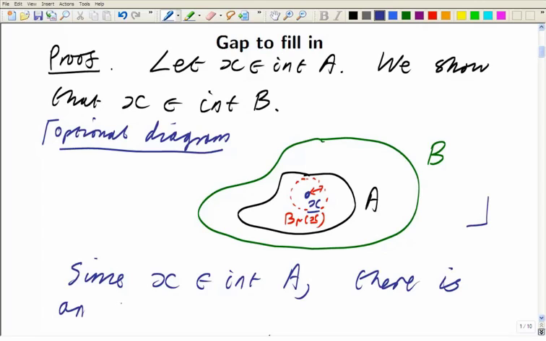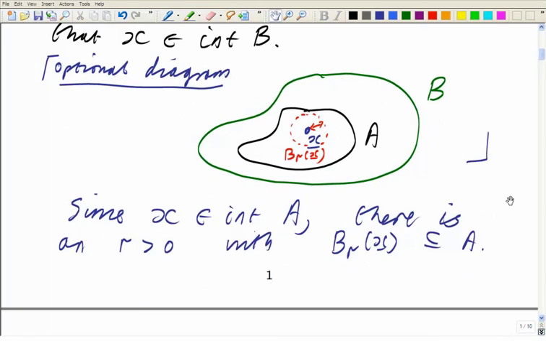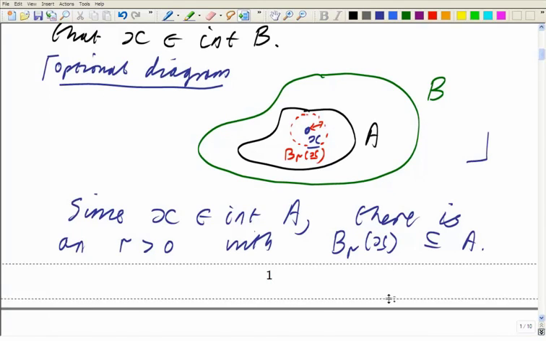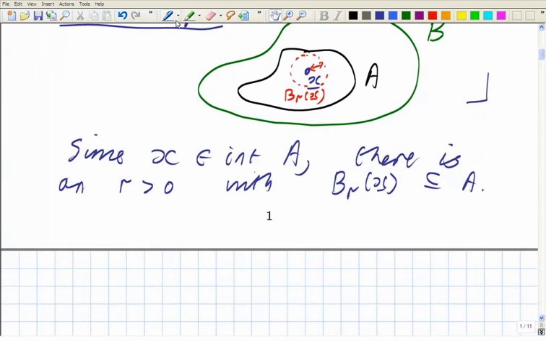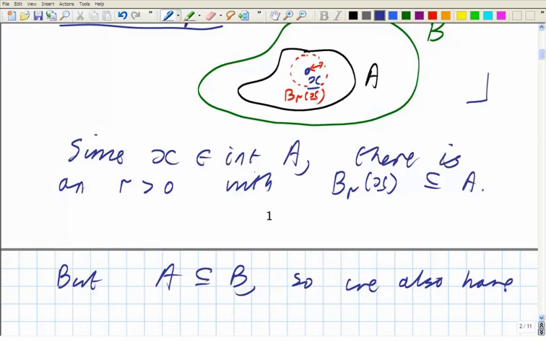There is some small positive real number r, so that the ball of radius little r centered on X is entirely contained in A, is a subset of A. But A is a subset of B, so the same ball works for B. So we also have the same ball is contained in B, and so of course that means X is in the interior of B. And that does it.